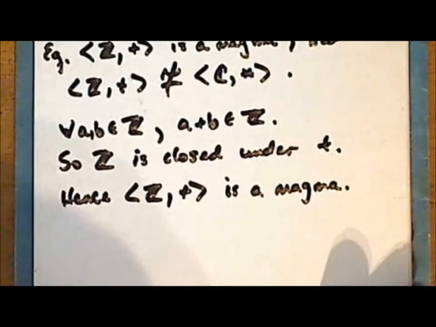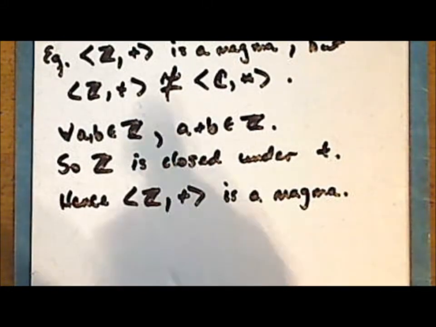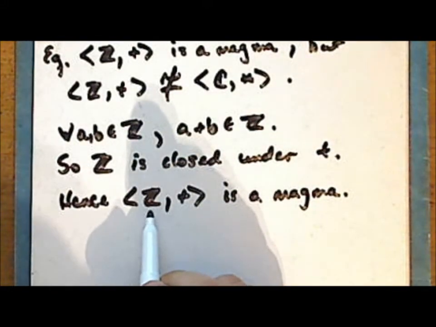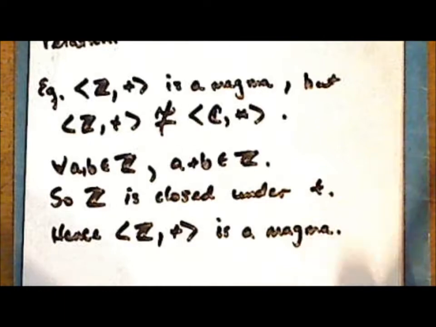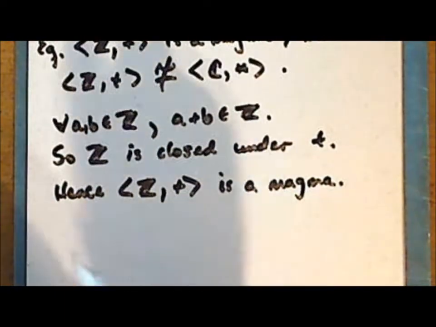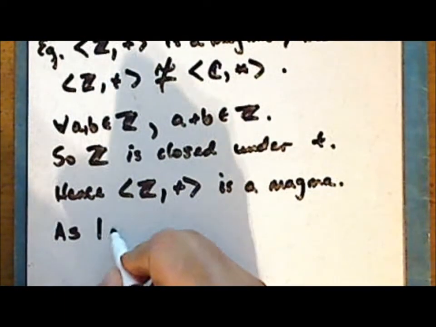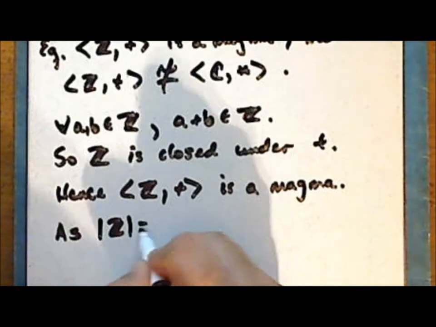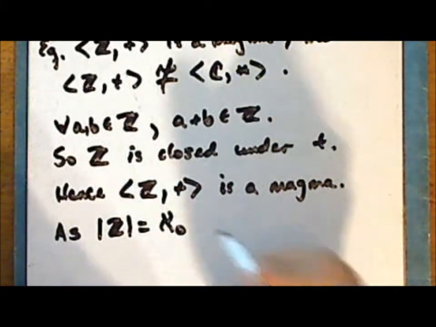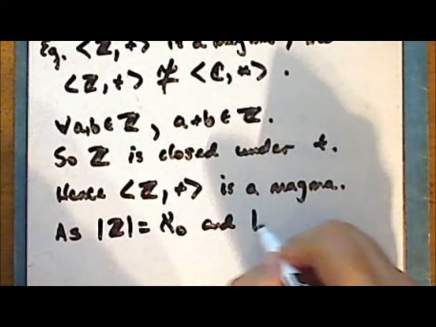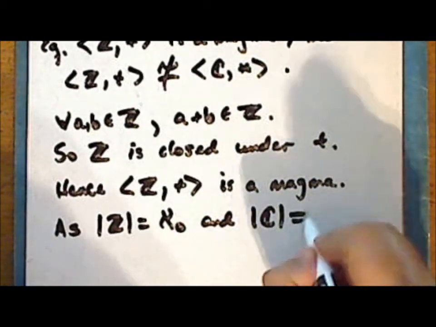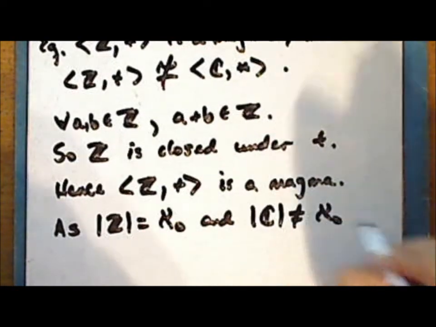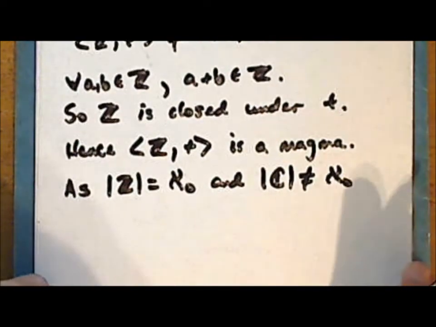Now, notice that the underlying set in this structure is the set of integers, which is a countable set, and the set of complex numbers is uncountable. And so, as the cardinality of the set of integers is that transfinite number aleph null, and the cardinality of the set of complex numbers is not aleph null, it is not countable, it is uncountable.